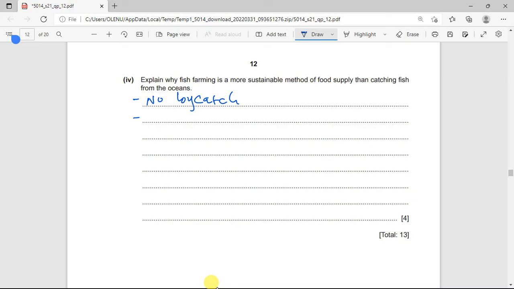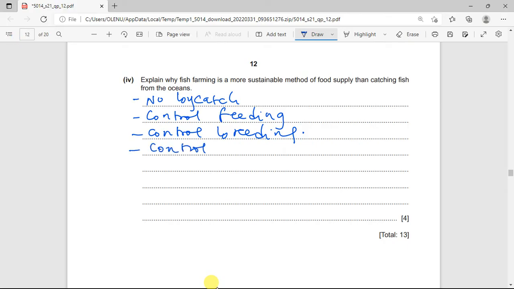Another thing is you can control their feeding. You can control their breeding. You can control harvesting. You find out that you can also control disease.